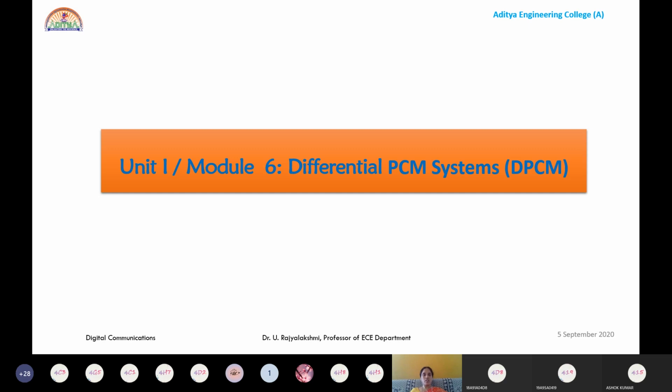In the general traditional PCM system, all the bits present per sample are transmitted. For example, you represent the amplitude levels as 2 power n levels, thereby you can encode it as n bits per sample, say n equals 3, and in traditional PCM we transmit all n bits per sample.